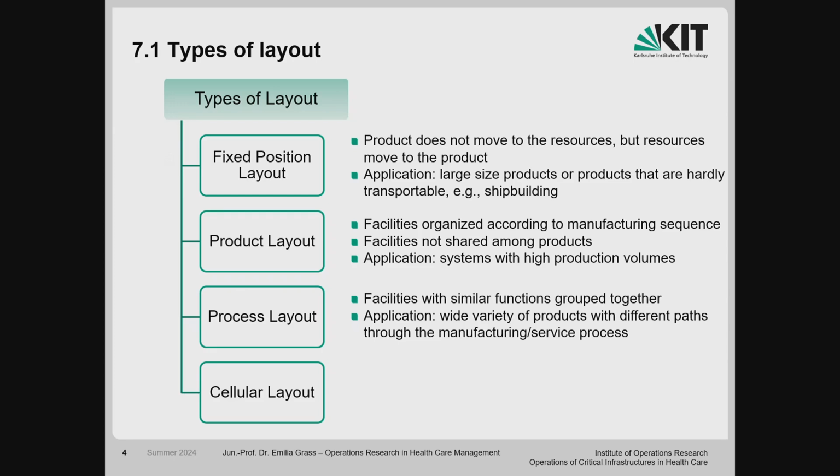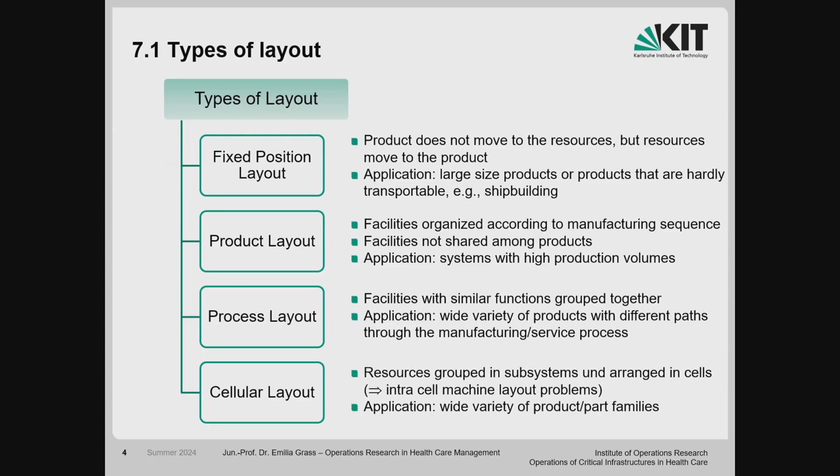And then the cellular layout: in a factory producing different types of, let's say, electronic devices, mobile phones, laptops, something like this, the production cells might be set up where each cell is responsible for assembling a specific type of component, the outer part or the chip or something like this.